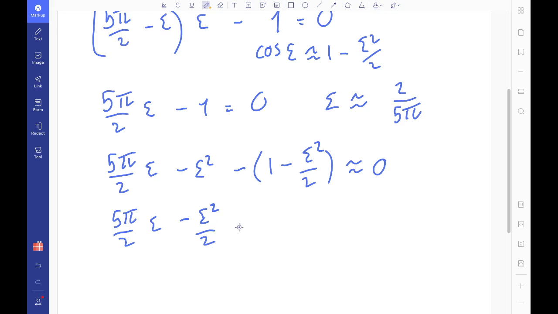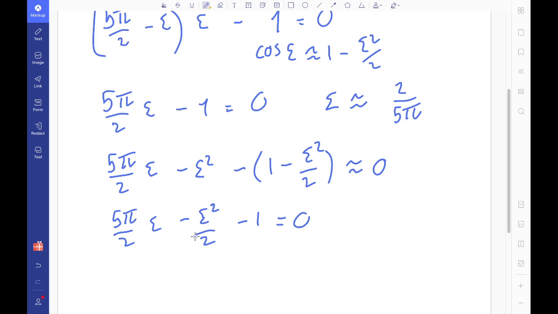That's going to equate to just half of an epsilon squared, and then minus 1. And we're going to say that's approximately equal to 0. So I'm going to just use equal signs from now onwards to solve for this epsilon. But remember, this is an approximate value because we've cut that Maclaurin series short. We've used the small angle approximation, which is only an approximation.